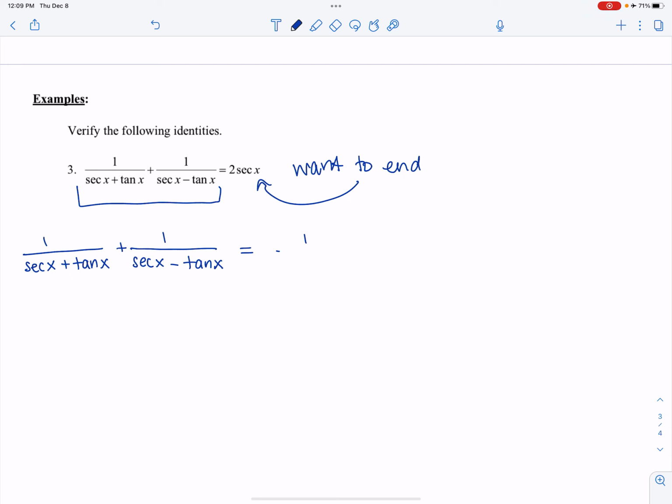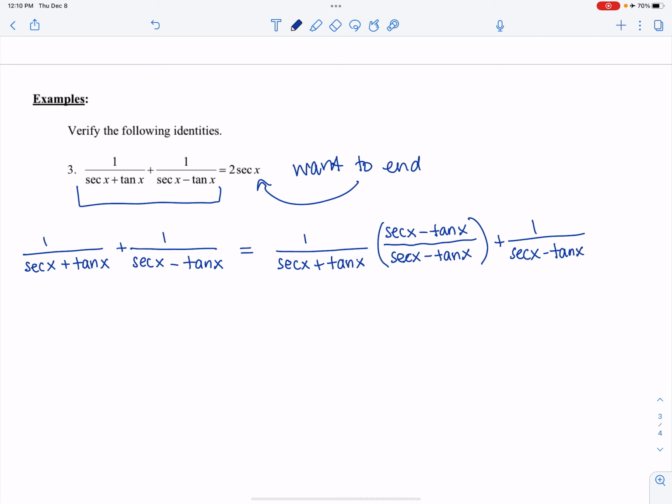So if I have 1 over secant x plus tangent x, I multiply that times secant x minus tangent x over secant x minus tangent x, then plus 1 over secant x minus tangent x multiplied by the other denominator, secant x plus tangent x over secant x plus tangent x.